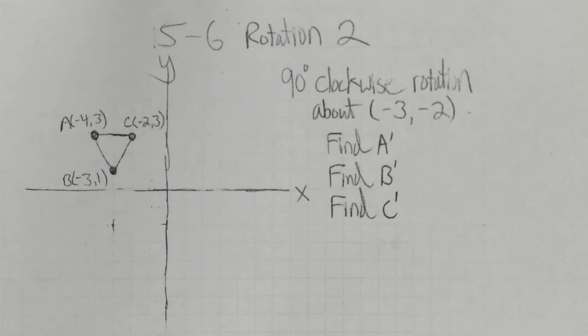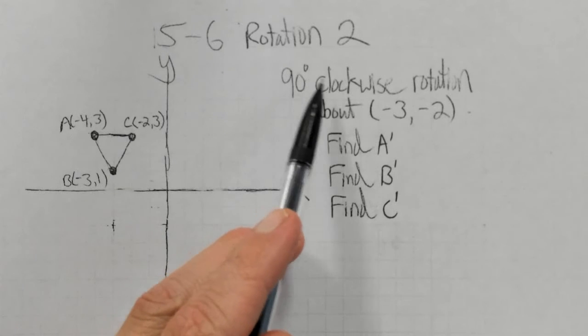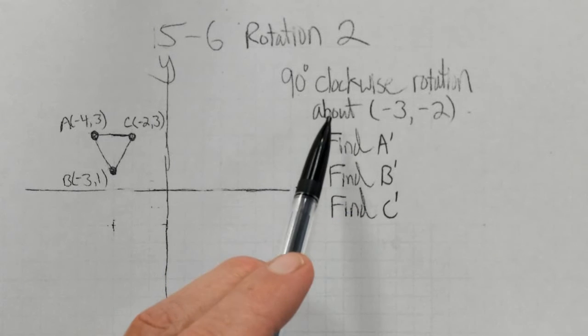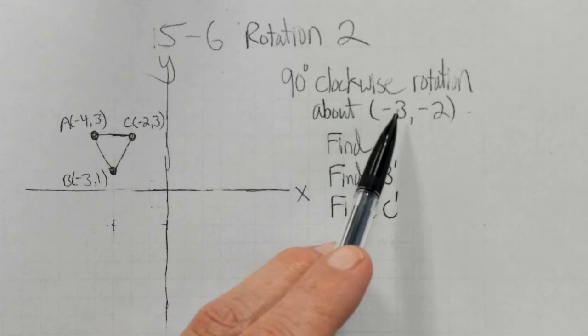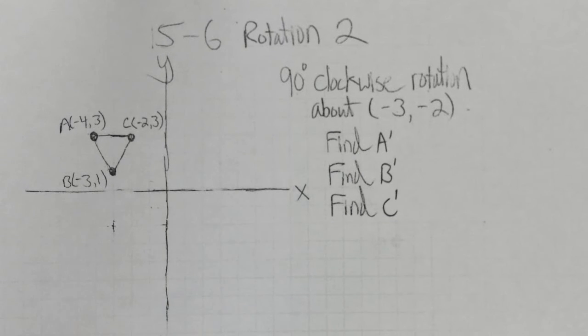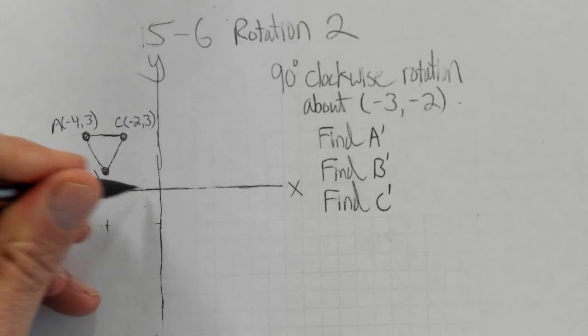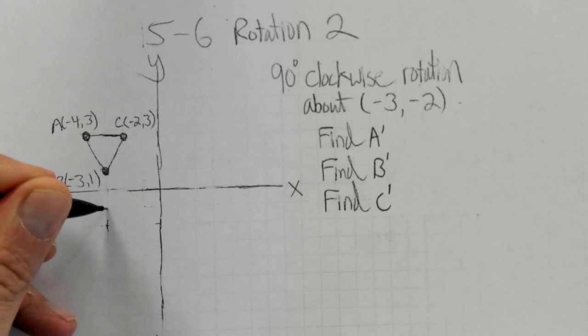Okay, and so what we've got at this point is, for this triangle, a 90-degree clockwise rotation about -3, -2. Notice that the center of rotation is not 0, 0 this time. It's -3, -2.